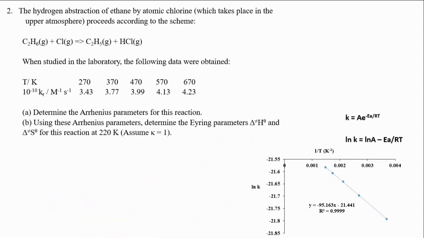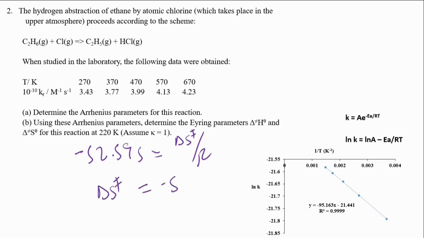This is what we end up with at the moment: 0.595 is equal to delta S of activation over R. So delta S of activation is equal to minus 5.595 times 8.314, joules per Kelvin per mole.